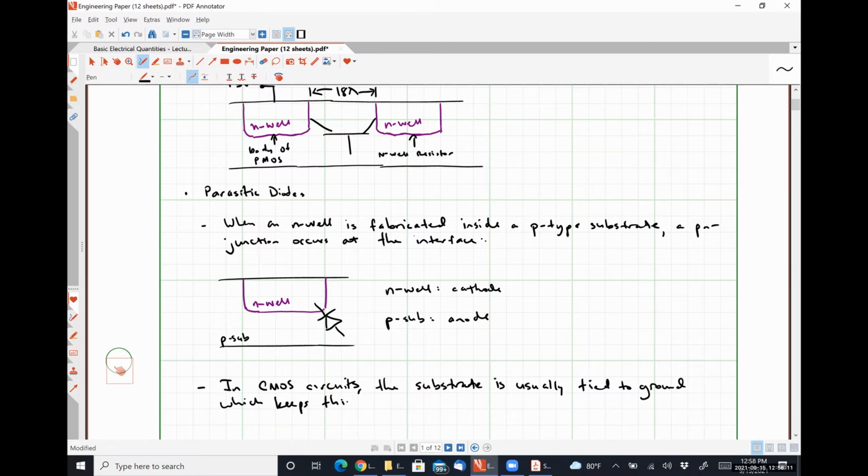Right. So the anode will typically be at a lower or equal potential than the cathode. Keeps this diode reverse biased.